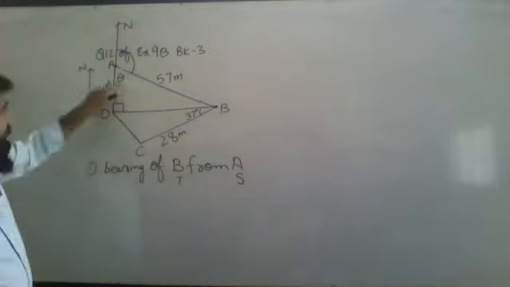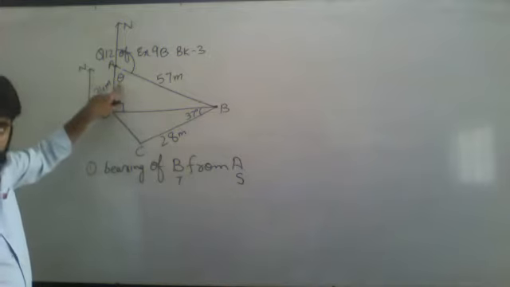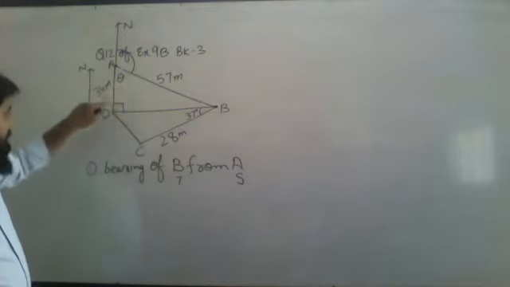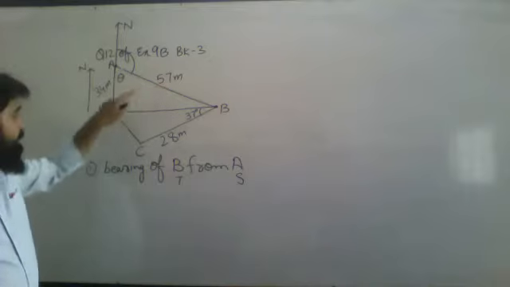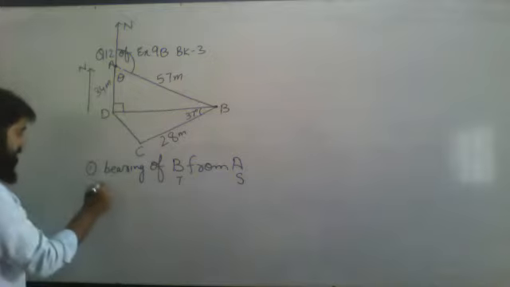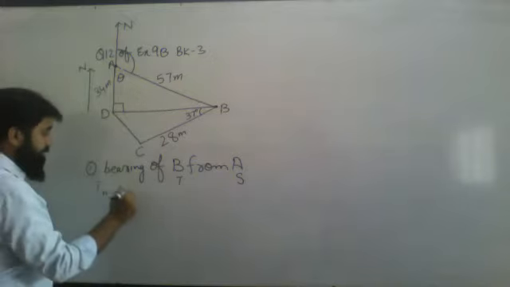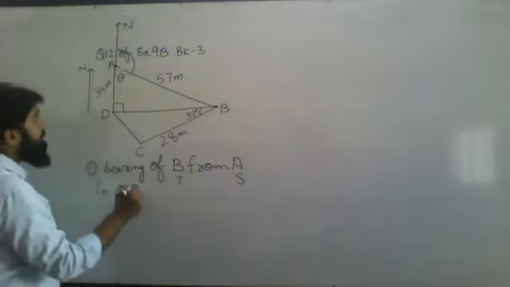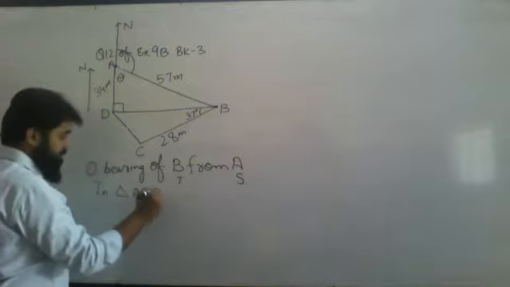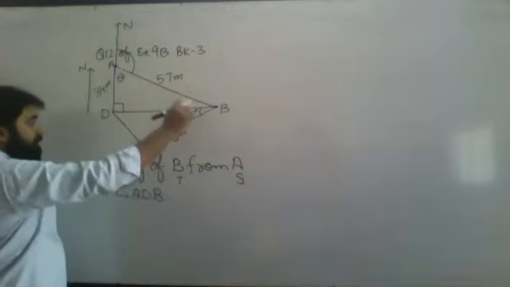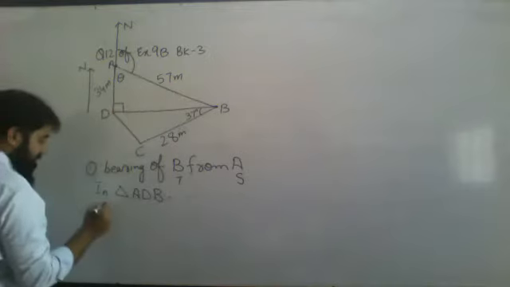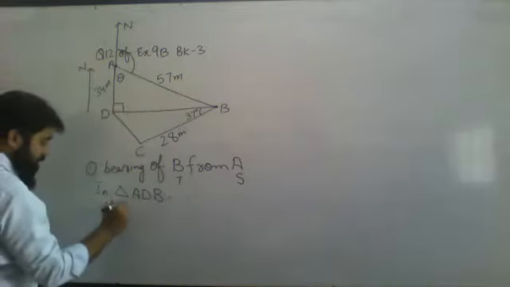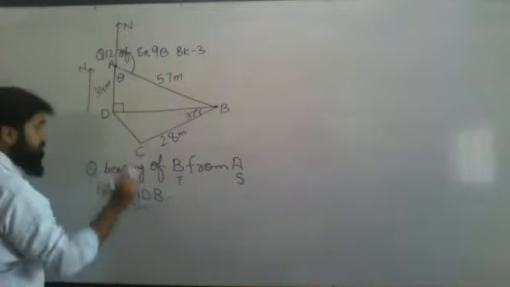Now, according to this angle theta, this one is opposite to 90 degrees. I'm talking about triangle A, D, B. 57 is your hypotenuse.